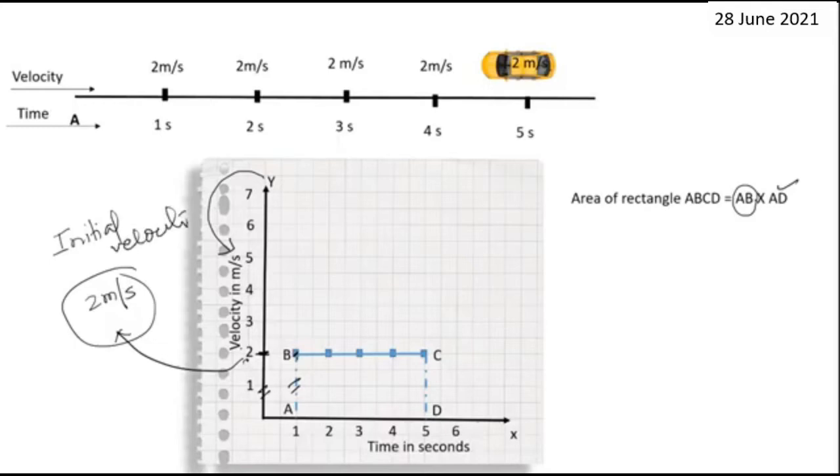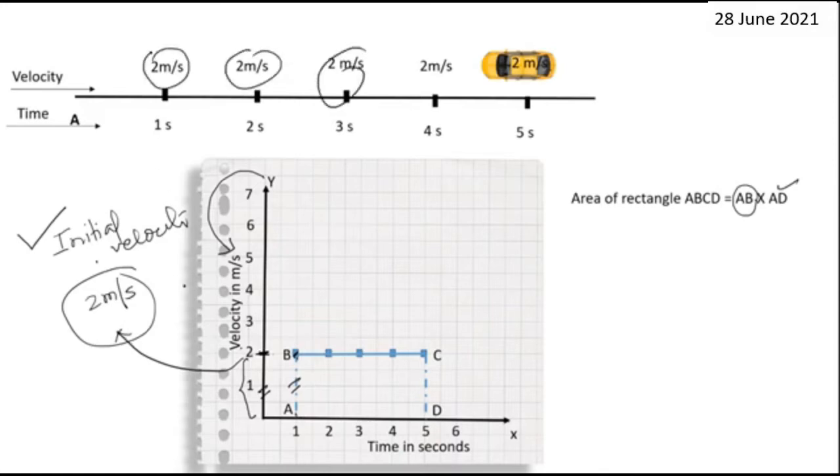Therefore, the distance from here to here indicates initial velocity. And since this distance is equal to the AB distance here, what does AB indicate? Initial velocity. Now here all these velocities have equal values, that is 2 meter per second.